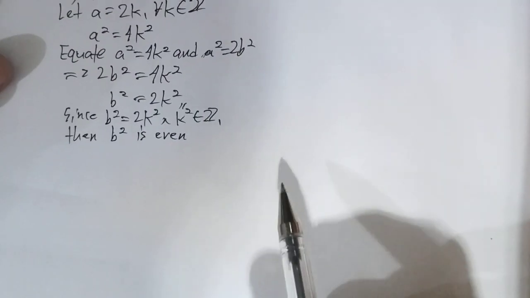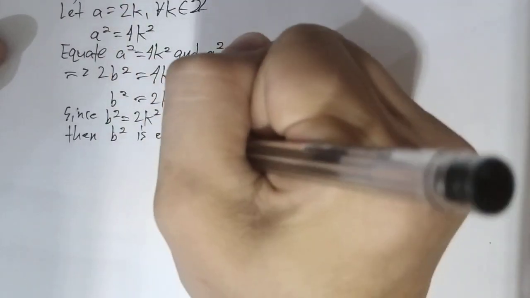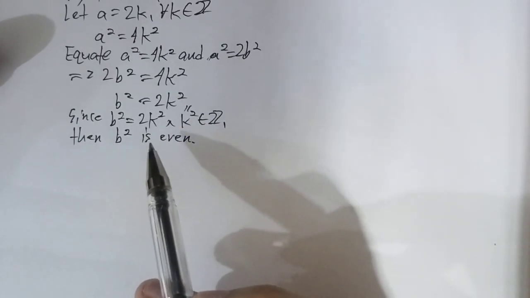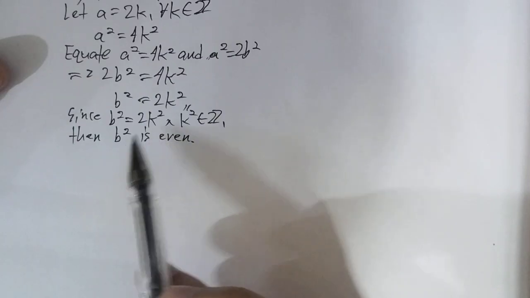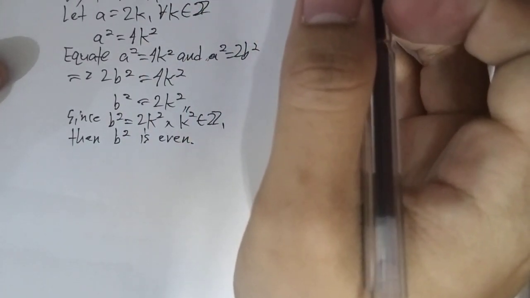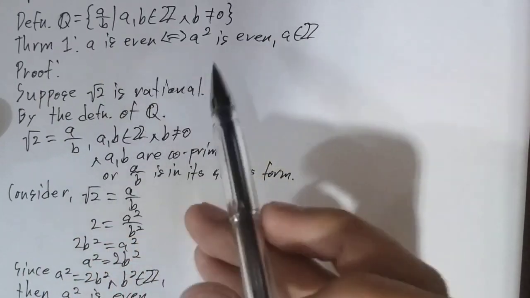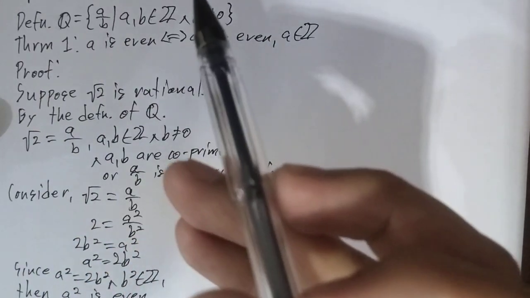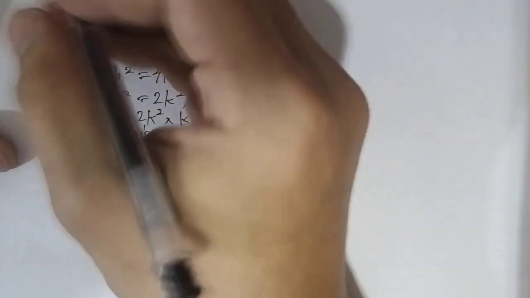Just like what we derived earlier for a squared, b squared is in the exact same format of an even integer, 2k squared, or 2 times some integer. Then again we can use theorem 1, which implies that if b squared is even, then b is even.